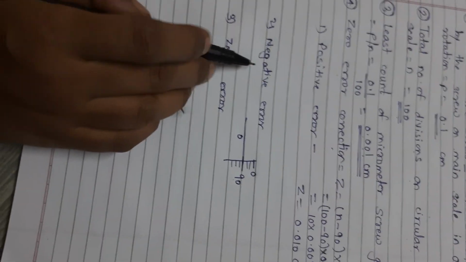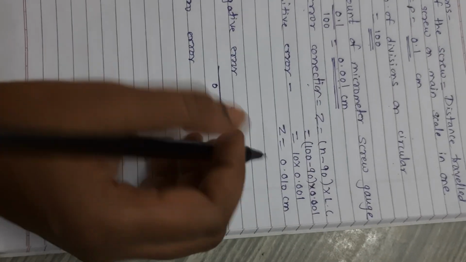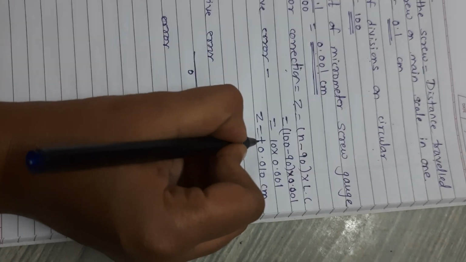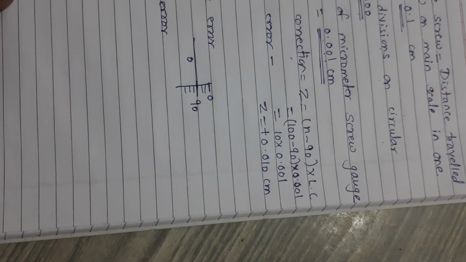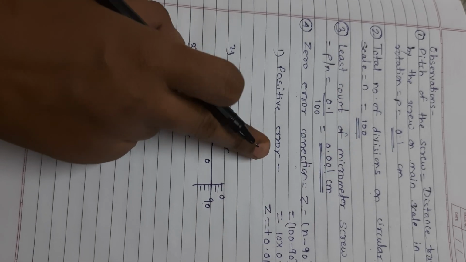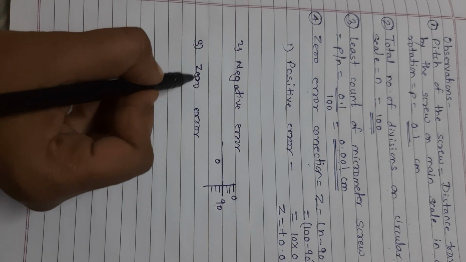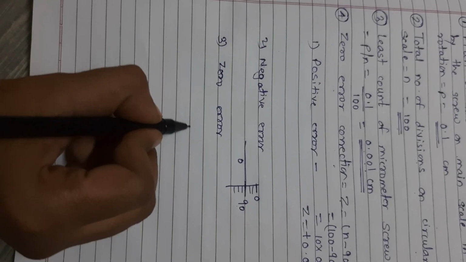Remember one thing, when we get a negative error, at that time this value must be added to the corrected reading. And if there is a positive error, then subtract that value for the corrected reading. And what is zero error?